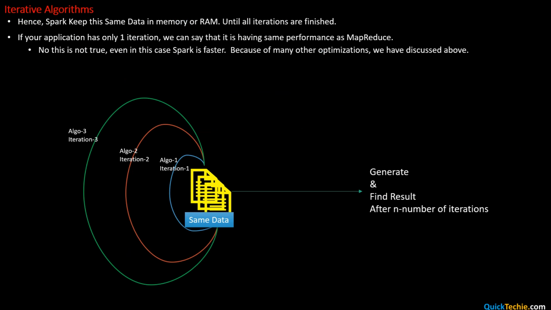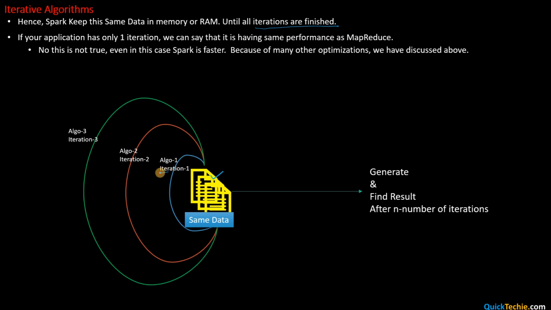Now again, let me tell you about iterative algorithms. We discussed it a bit before, but let me show you again. Spark keeps the same data in memory or RAM until all iterations are finished. It reads data once from the file system and keeps it in memory.